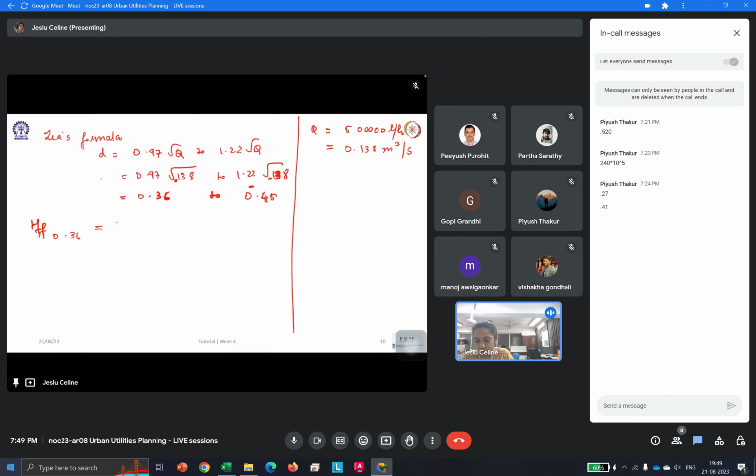I'm just writing the formula once more so that it's easy. 2G 4 by pi. This is the formula that we're using.